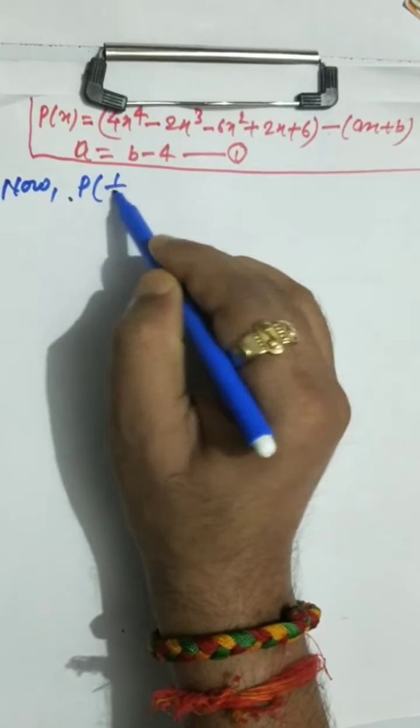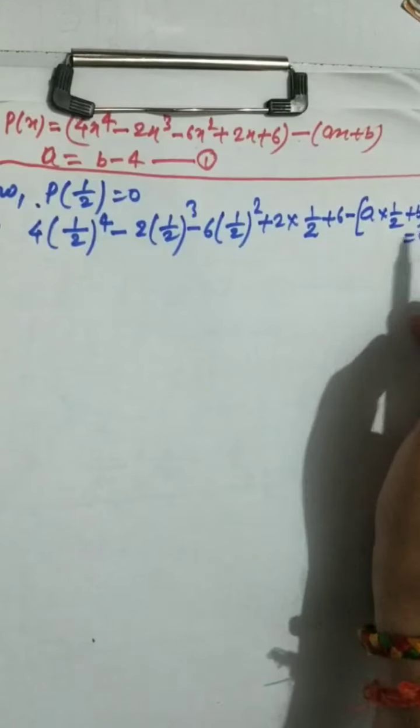Replace x by 1/2. So it will be 4 into (1/2) raised to the power 4 minus 2 into (1/2) raised to the power 3 minus 6 into (1/2) raised to the power 2 plus 2 into x, that is 1/2, plus 6 minus a into 1/2 plus b is equal to 0.